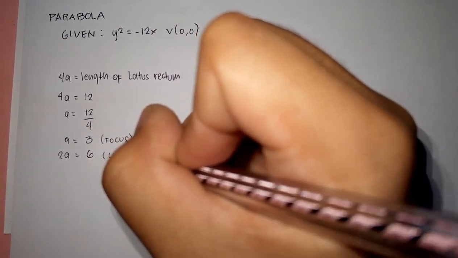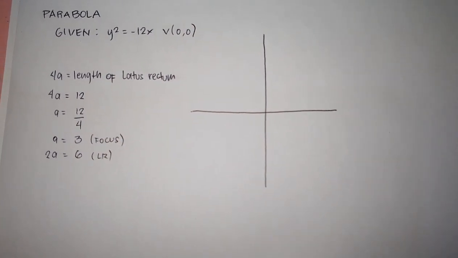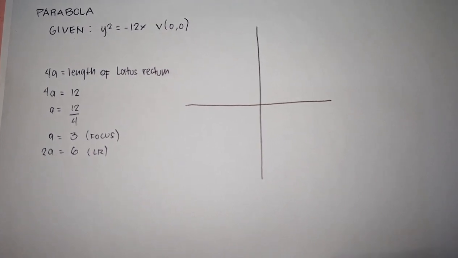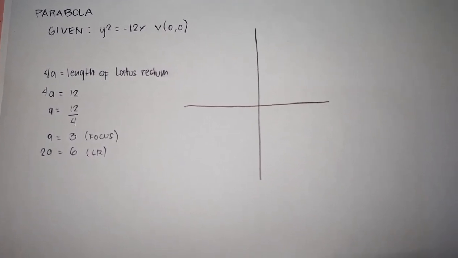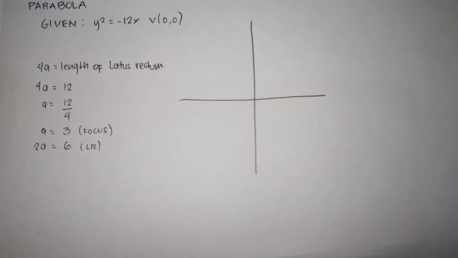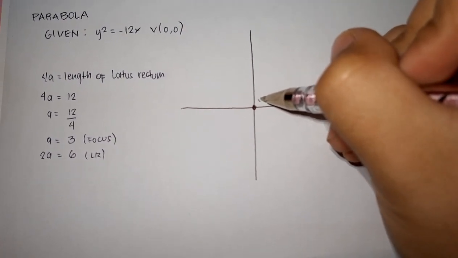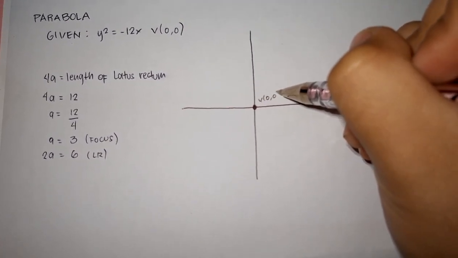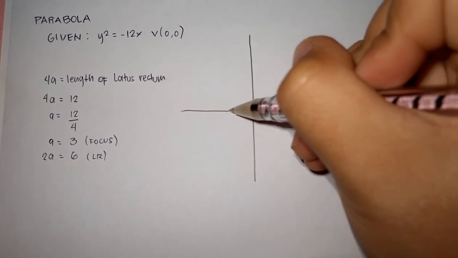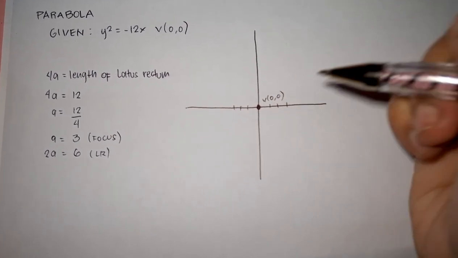Now, we will find half of our latus rectum. 4a divided by 2 is equal to 2a. So 3 times 2, a equals 6. That is our LR.